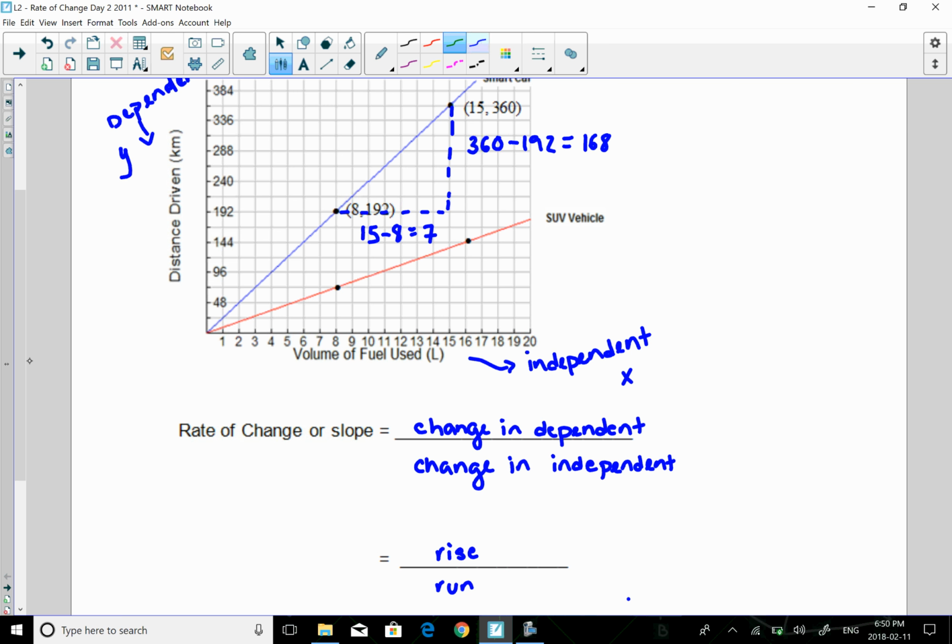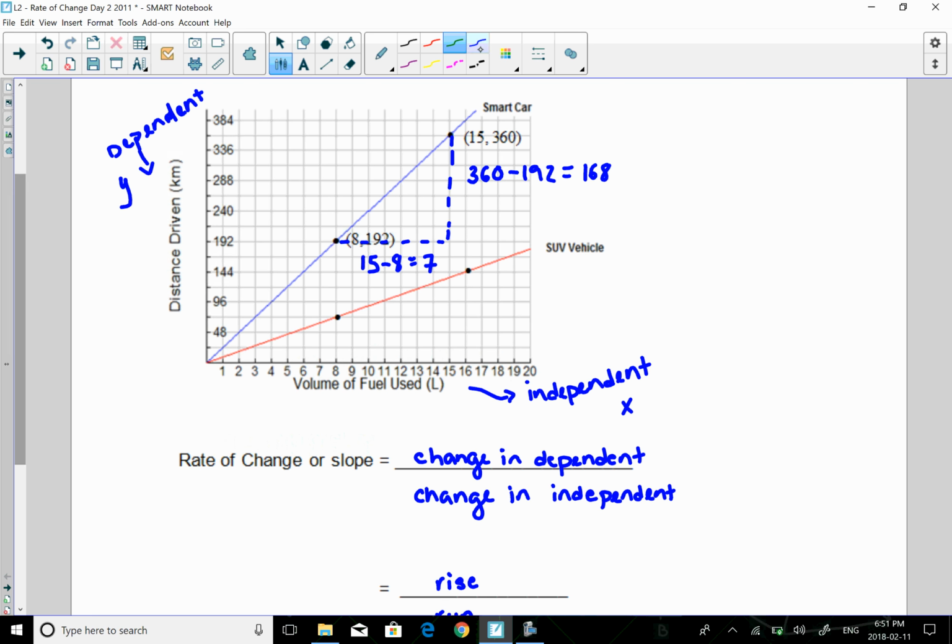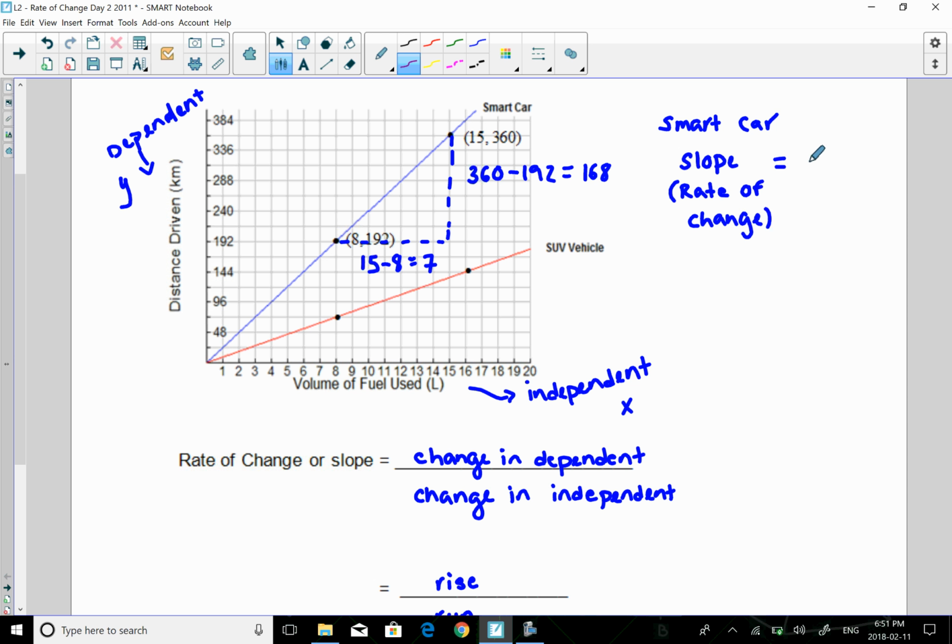So for our smart car, our slope or rate of change is equal to our rise over run.